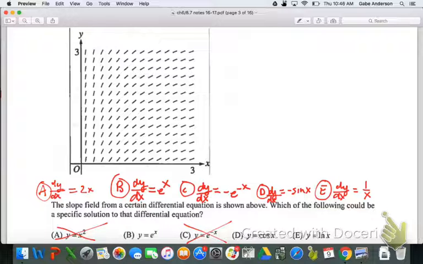Pretty much, because there's no way for e to the negative x to be negative, so it'll be positive, but then the negative on the front guarantees that it'll be negative. And every single slope is positive. So you'd have to do the dy dx for that one? I don't think you have to do the dy dx at all for any of these. It could be helpful though. Okay, so it's not C.